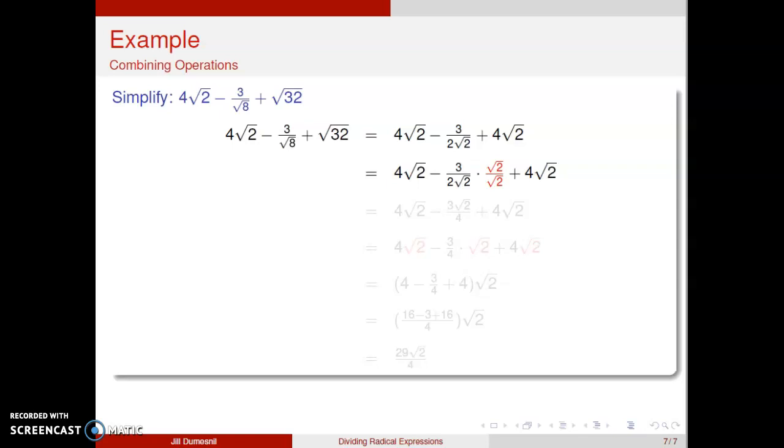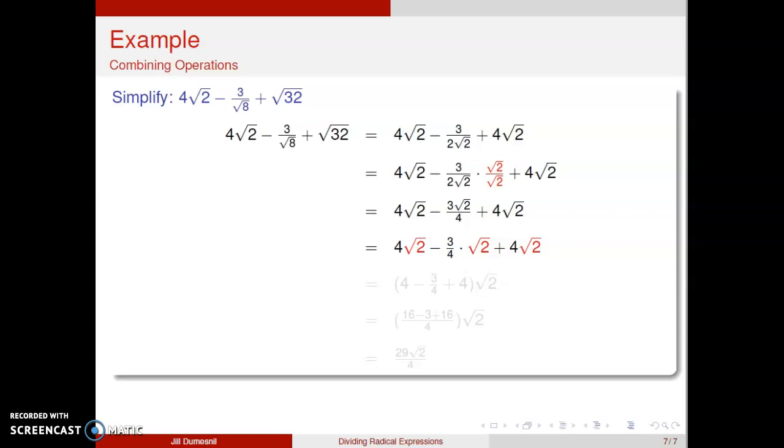Now we'll simplify the fraction by multiplying numerators and multiplying denominators. And we notice now that each term contains the radical root 2, so we can collect like terms.